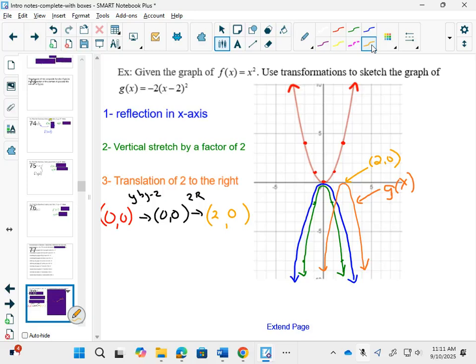If I wanted to find out what happens to another point, I could take 1, 1. Multiply my y value by negative 2, it would go to 1, negative 2, and then moving 2 to the right would take me to 3, negative 2, and sure enough, that shows up on my graph.